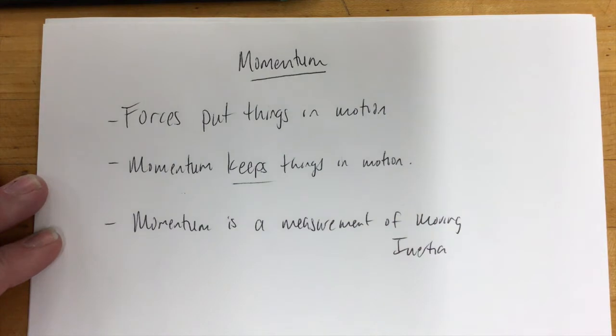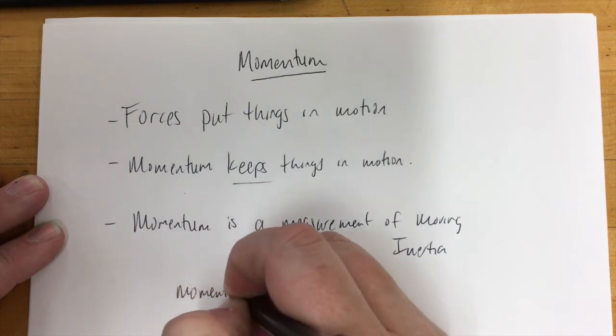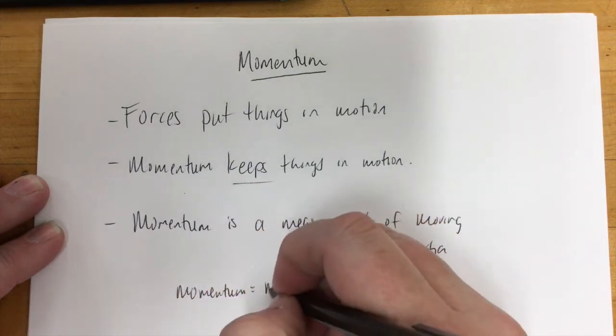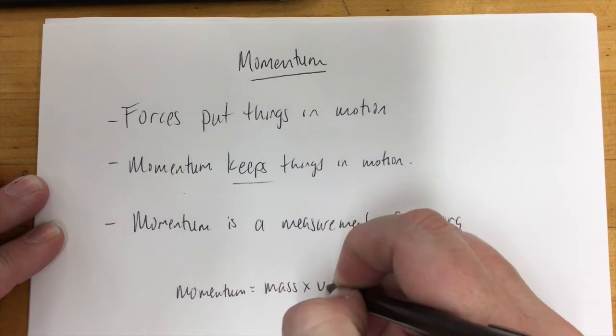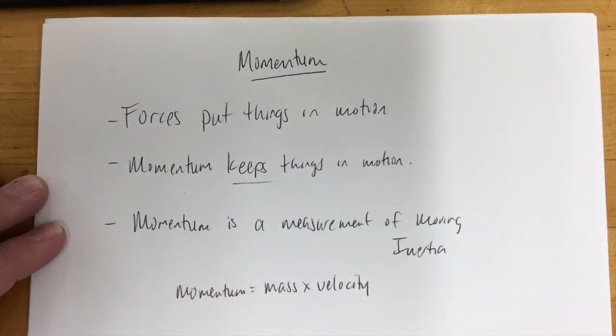For momentum, it has to be moving. And what we look at with momentum is going to be equal to the mass of the object times the velocity. Momentum is kind of how much it wants to keep moving.